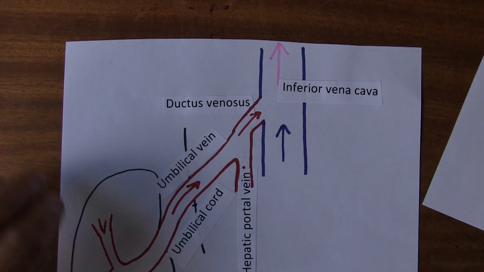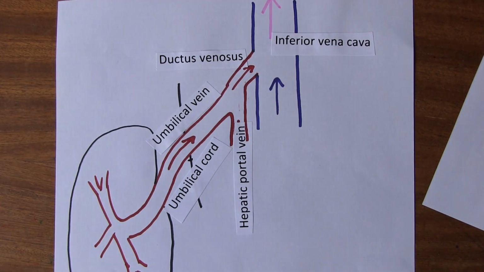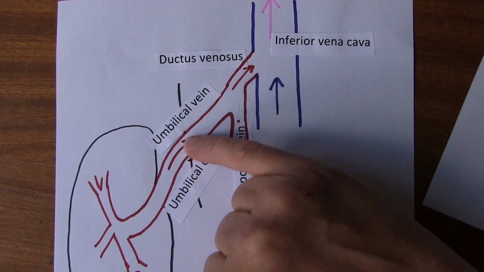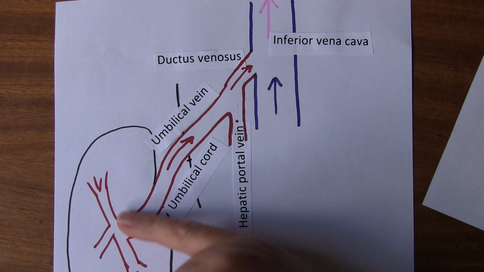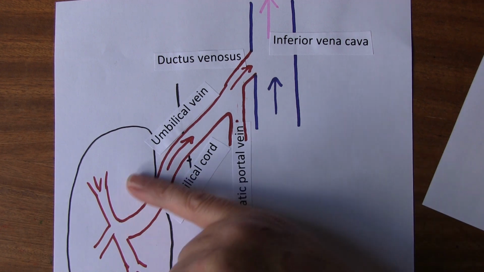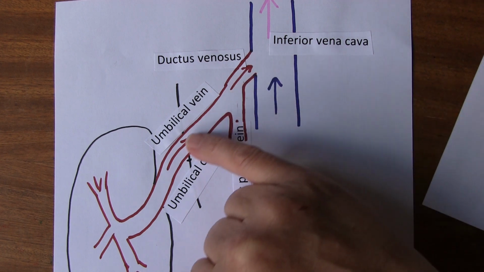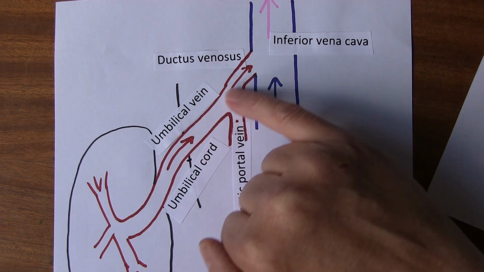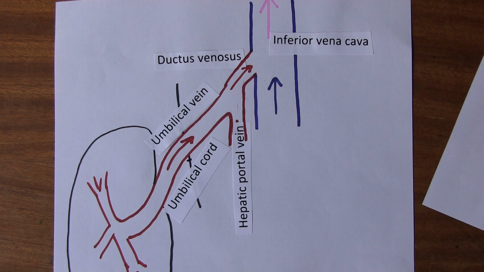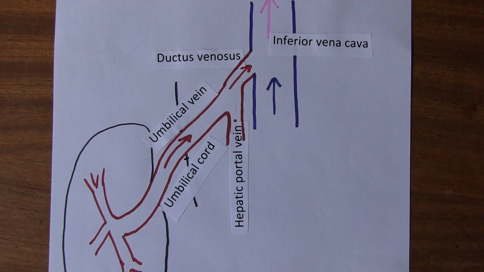And in the same way, when the baby's delivered, the umbilical vein will constrict. This part of the umbilical cord is normally clamped off and that will just atrophy away, and this will constrict, and again it's going to fill with connective tissue and turn into a ligament, and that ligament is still present in you today. So we have these amazing transformations at the time of birth.